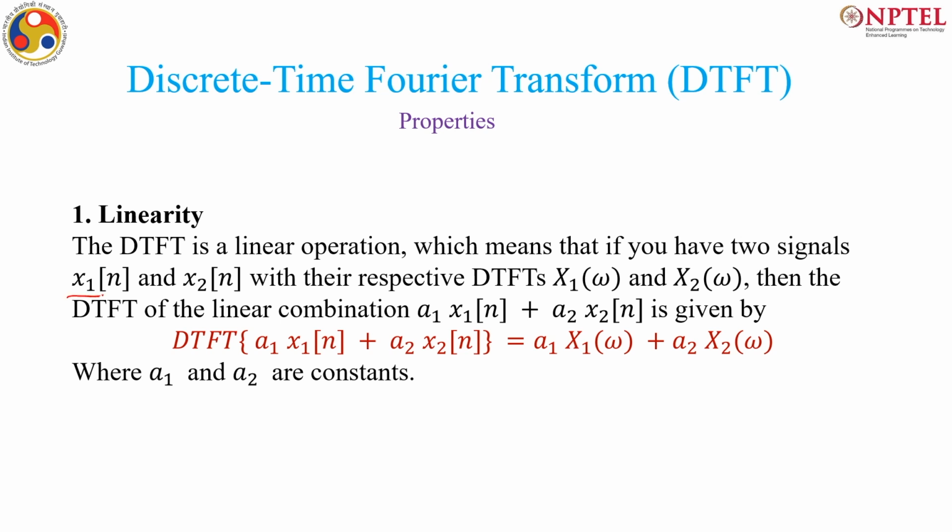If x1[n] gives capital X1(omega) and x2[n] gives capital X2(omega), then for a linear combination a1 x1 plus a2 x2, the DTFT will be a1 times X1(omega) plus a2 times X2(omega), and here a1 and a2 are any constants.